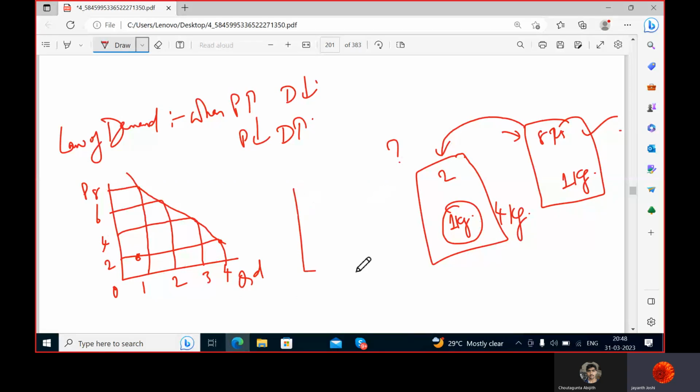What about the supply then? Vice versa. When price increases, supply increases. When price decreases, supply decreases. They have a positive relationship.